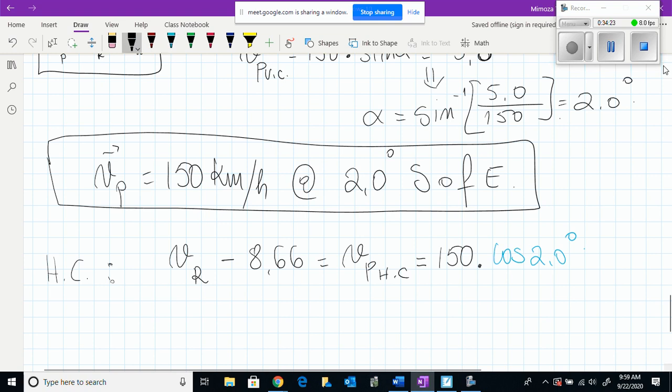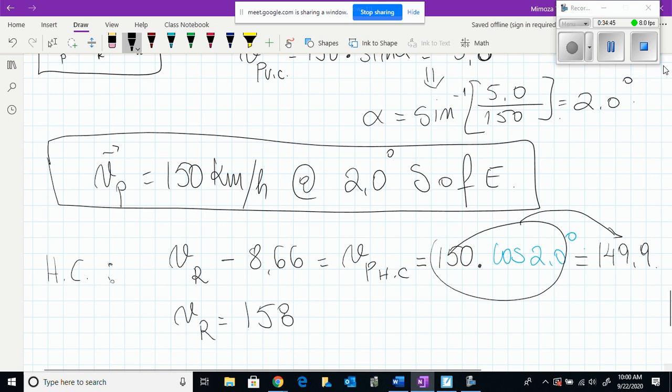But let's keep 149.9 so that you know what this value is. So then from here, the resultant velocity will be 149.9 plus 8.66, and this will be 158.6 kilometers per hour.